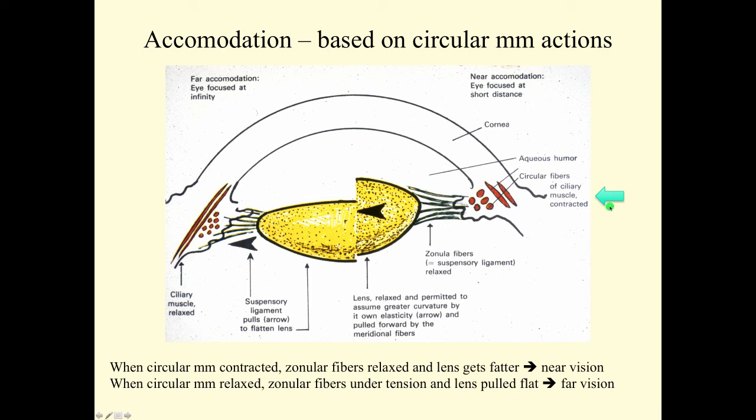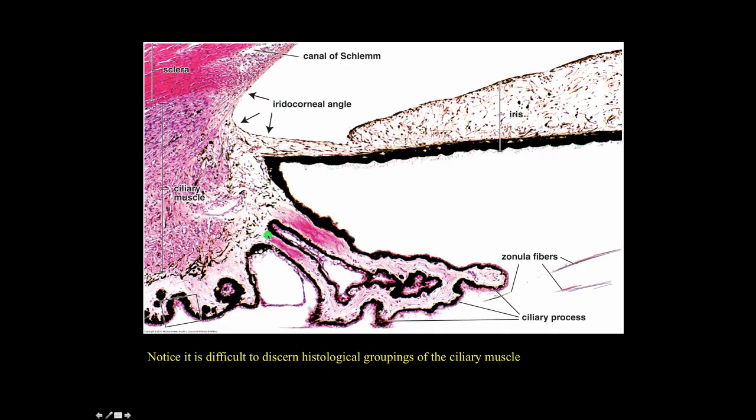Here, when the circular muscles are contracted, the zonular fibers are relaxed, the lens gets fatter, and that's necessary to have near vision. When the circular muscles are relaxed, the zonular fibers get under tension. That pulls the lens flat, and that's necessary for far vision.